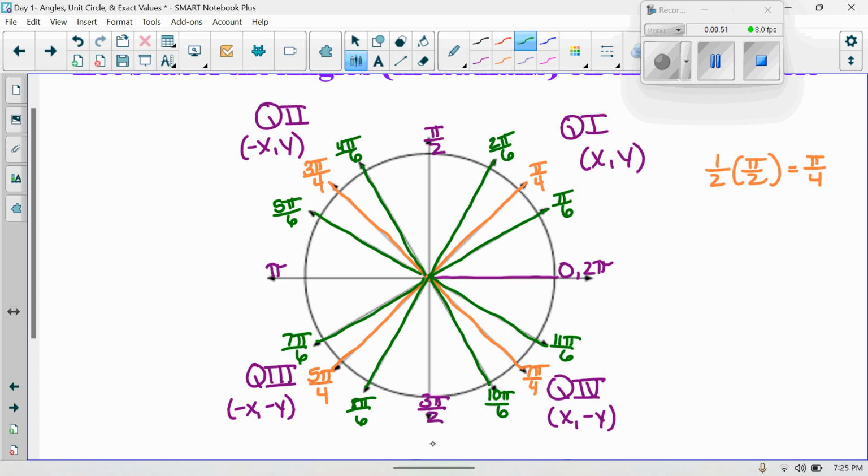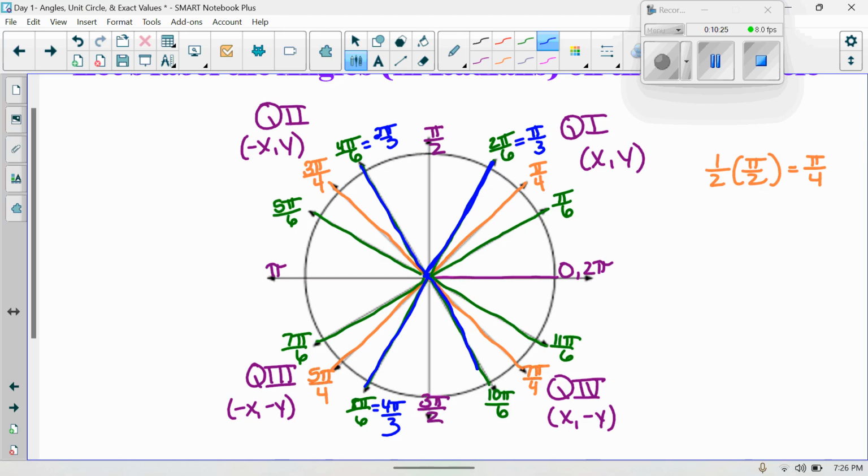Okay, and lastly, I'm going to go to my pi over 3s because 2 pi over 6 is actually going to reduce to pi over 3. So this is now a pi over 3 angle. This 4 pi over 6 is going to reduce to 2 pi over 3. Here's another pi over 3 angle. 8 pi over 6 is going to reduce to 4 pi over 3.